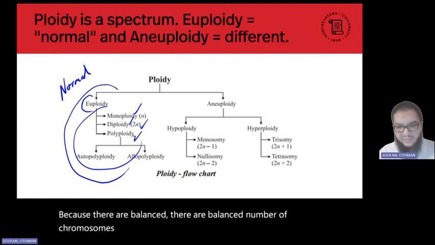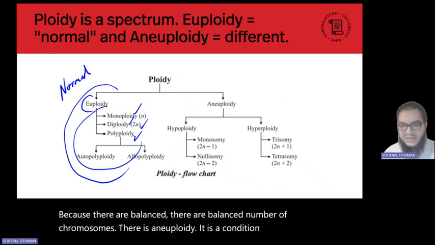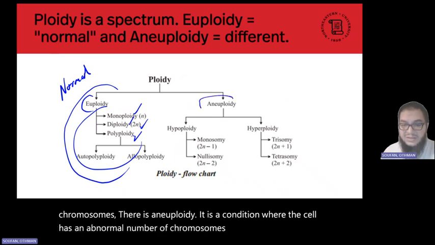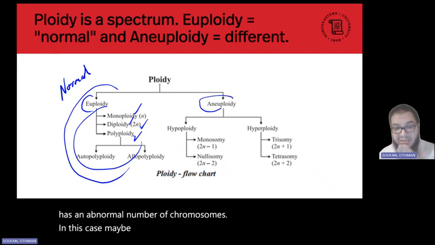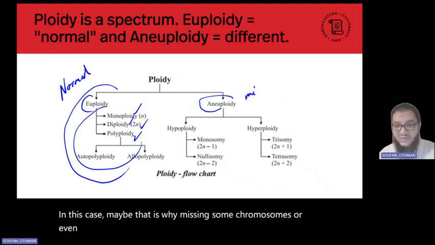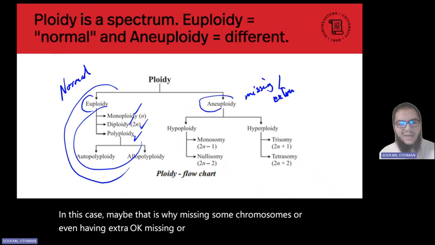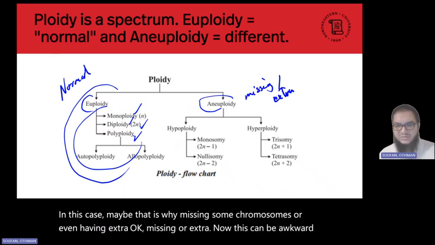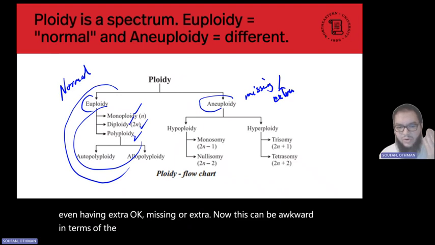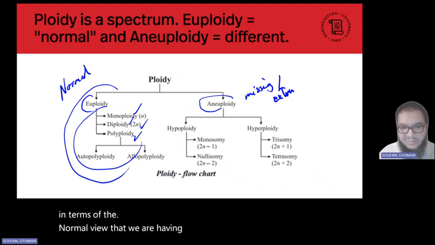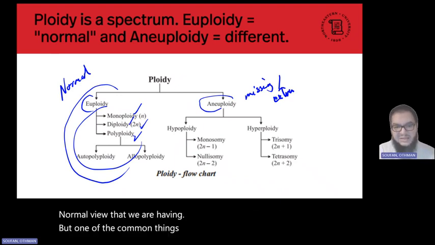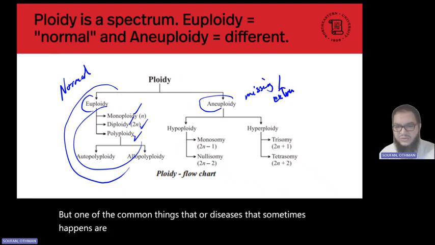There's aneuploidy. It is a condition where the cell has an abnormal number of chromosomes. In this case, maybe that is by missing some chromosomes or even having extra. Missing or extra. Now this can be awkward in terms of the normal view that we are having, but one of the common diseases that sometimes happen are attributed to trisomy.